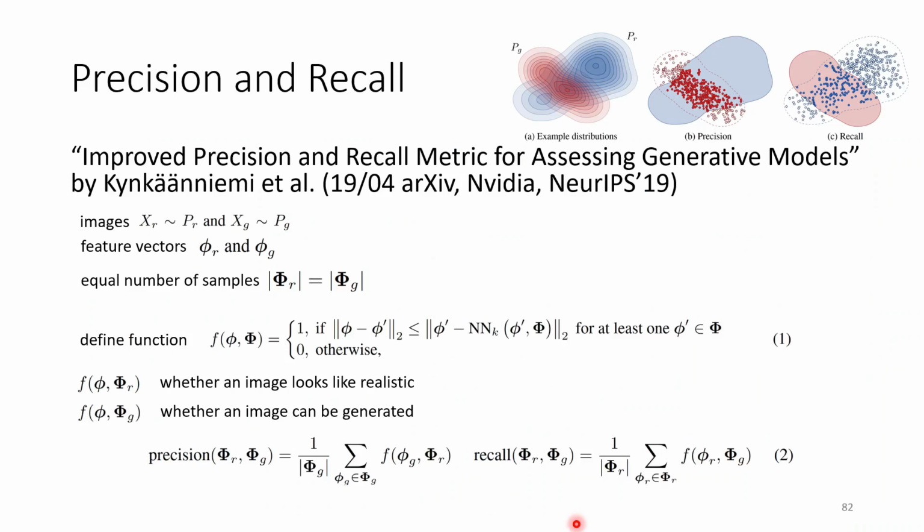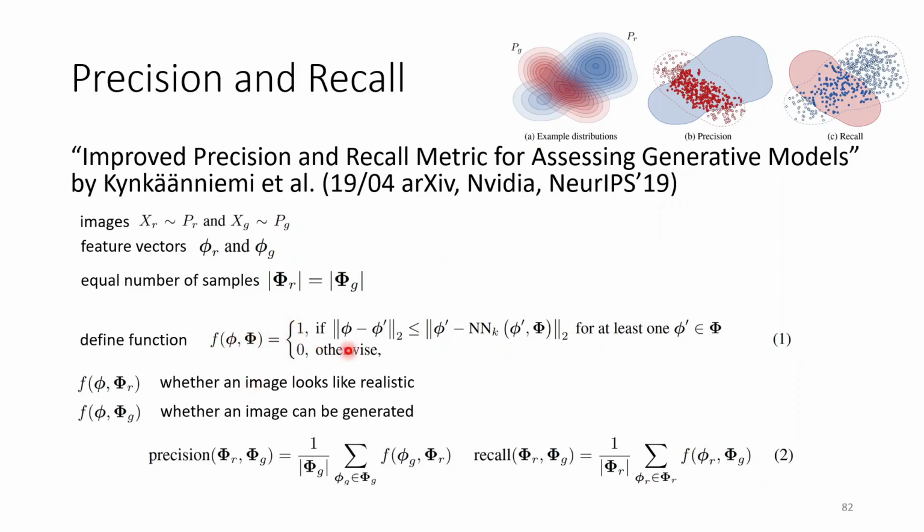Okay, so they proposed a different method. They use k-nearest neighbor to measure the precision and recall. They randomly sample many images from the generator and the real distribution. Then they define a binary function that is either 1 or 0.